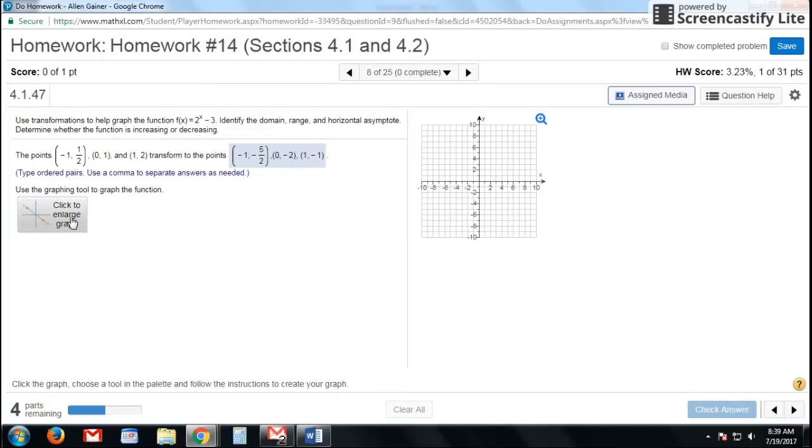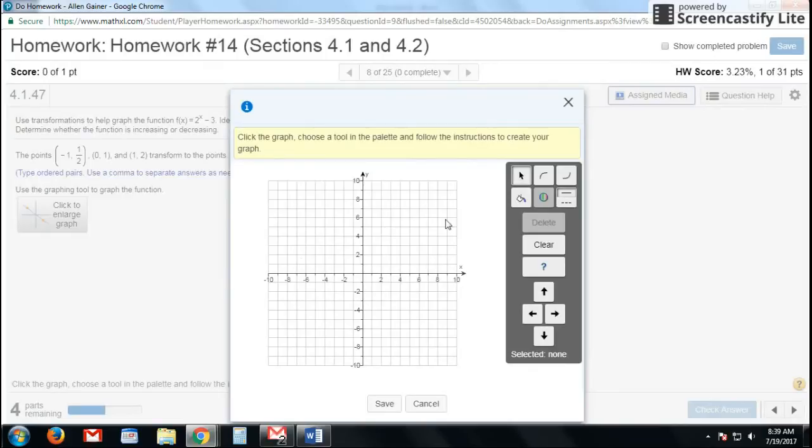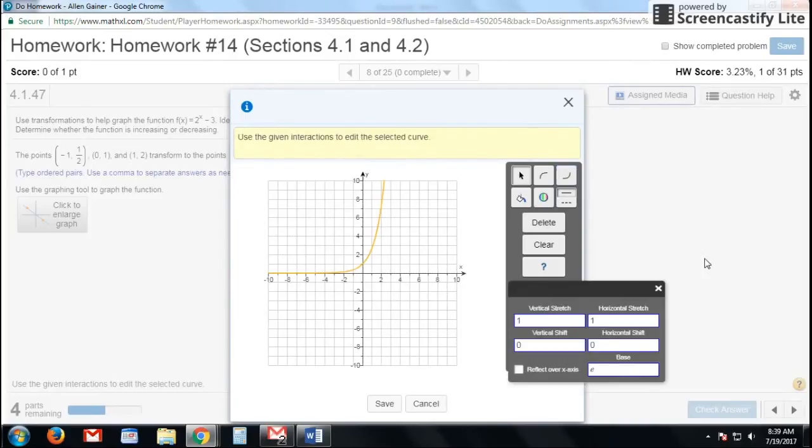Now, when we go to graph this, if we click to enlarge the picture, first we need to find our exponential shape, which is this one. Now, if we click anywhere on the picture, we'll see a dialog box pop up that will help us to draw our picture. We've already noticed that we had a vertical shift of down 3.